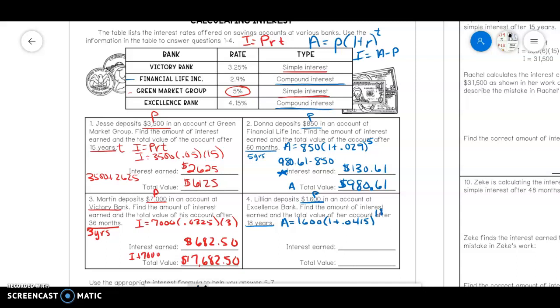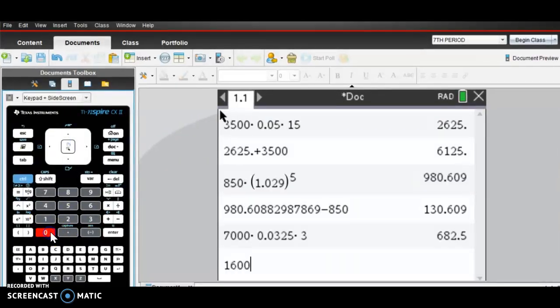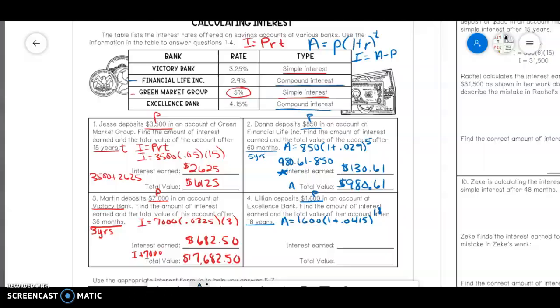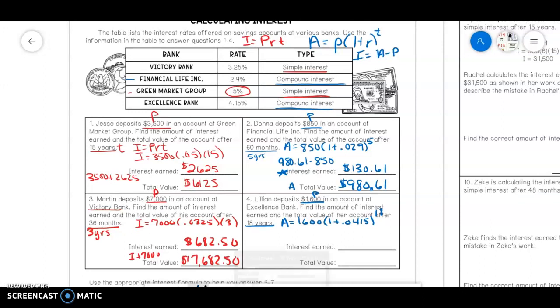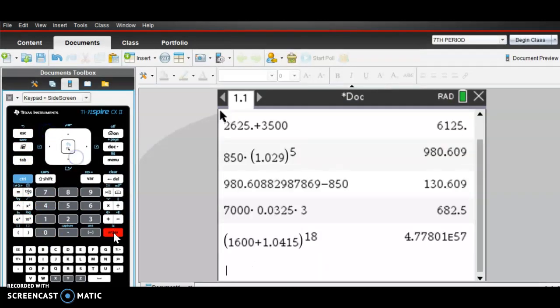So now we can go through and we can go to our calculator. 1,600 plus 1.0415, close parentheses, caret to the 18th power.